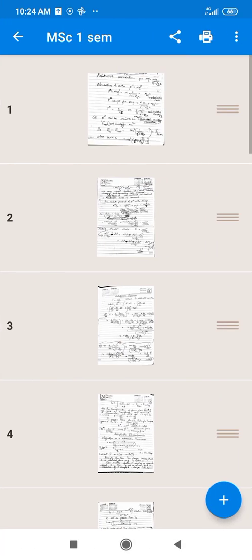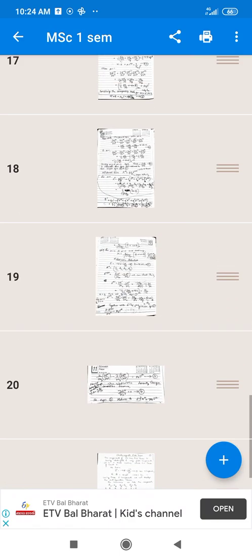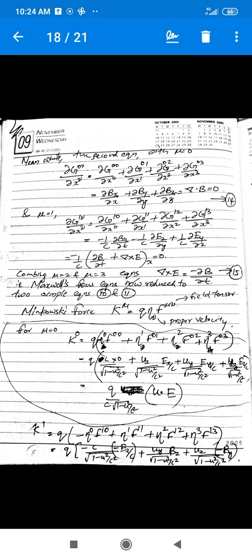We have the last part, which is the Minkowski force. The Minkowski force, we know K mu, we can write QVB. Instead of B, we are writing the field tensor, and instead of V, we are writing the 4 vector velocity.